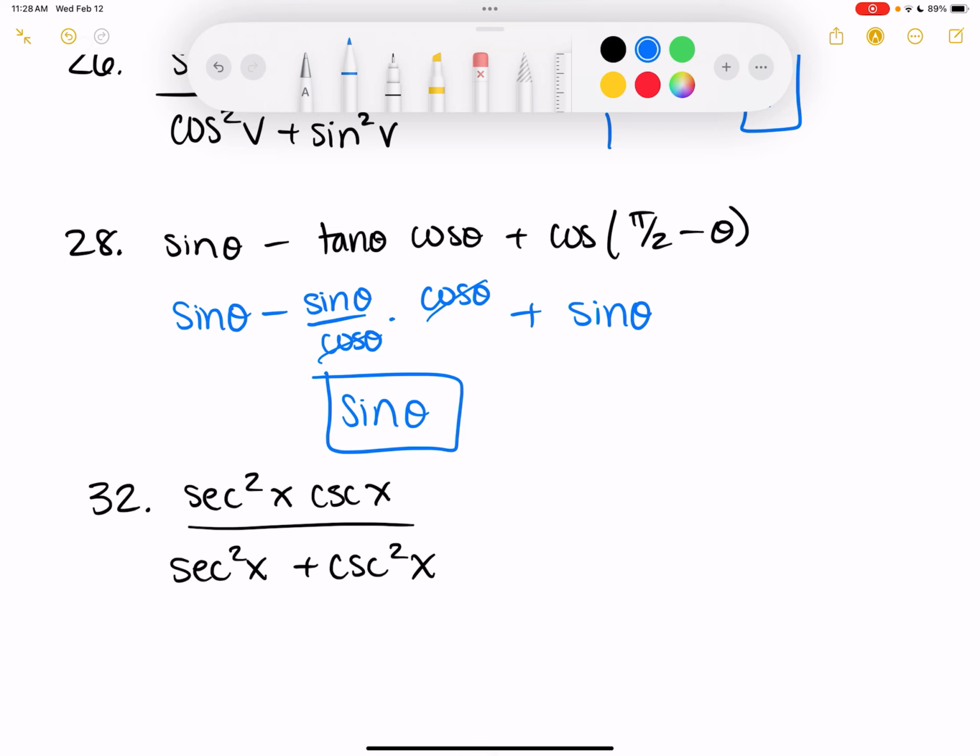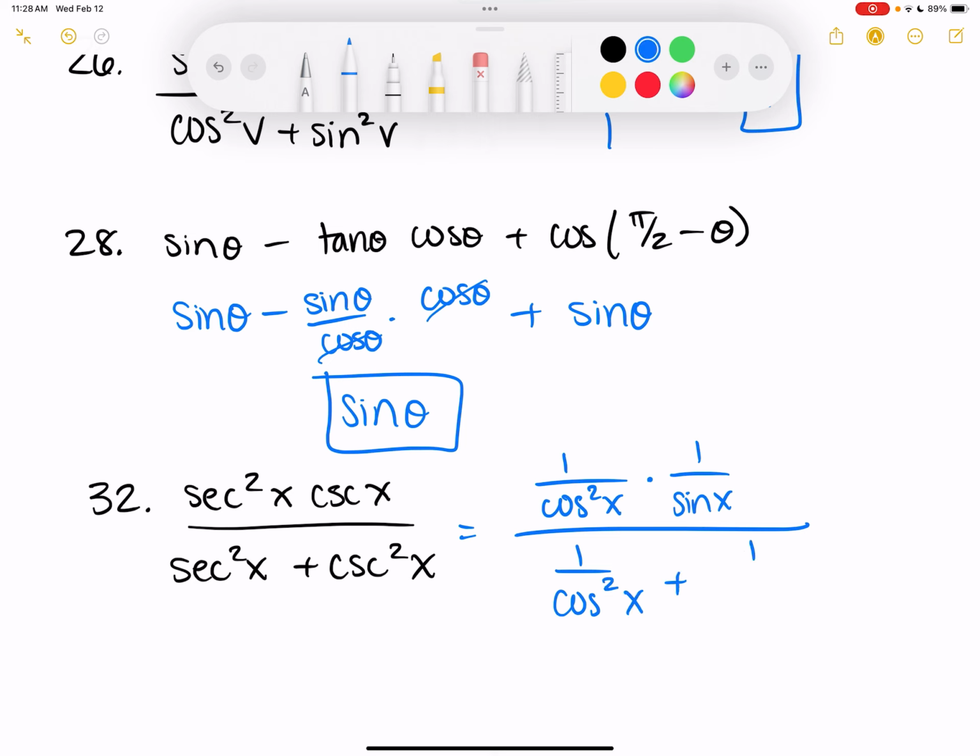So this is going to become 1 over cosine squared of x times 1 over sine of x, all over 1 over cosine squared of x plus 1 over sine squared of x. So that's the way it's rewritten first.